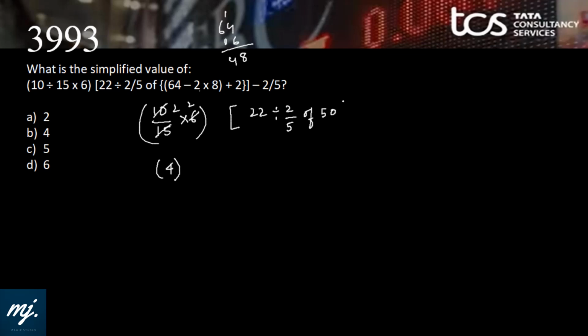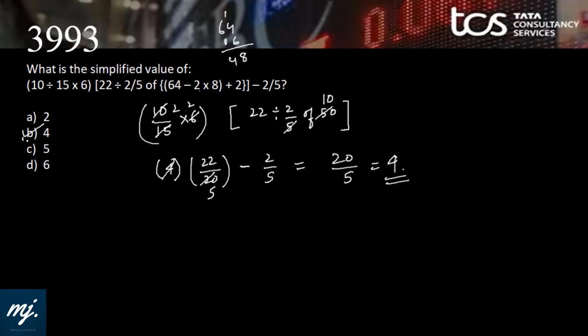So of is 50. That goes 10 times. 2 into 10 is 20. So this will be 22 by 20 minus 2 by 5. This goes 5. So we have 22 by 5 minus 2 by 5, which is 20 by 5. That is 4. Option B fits in.